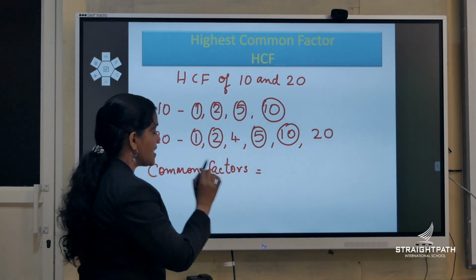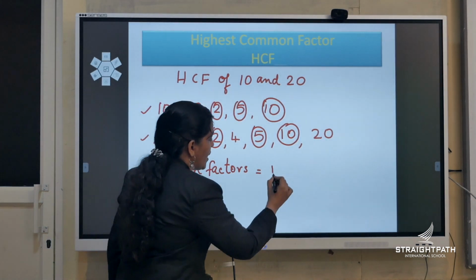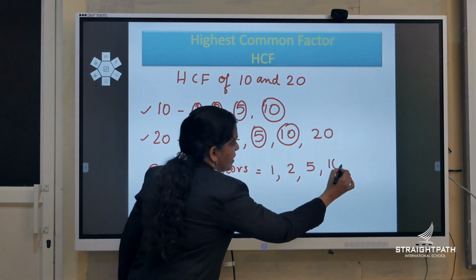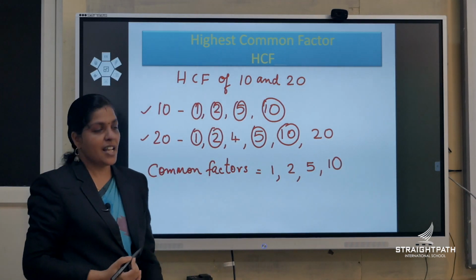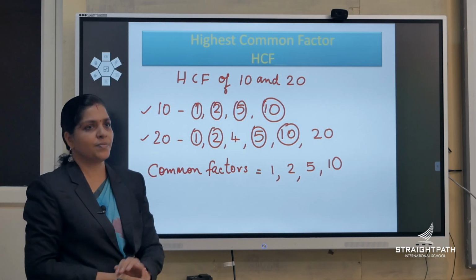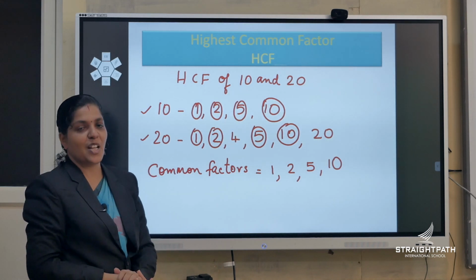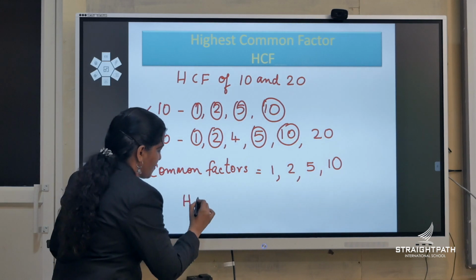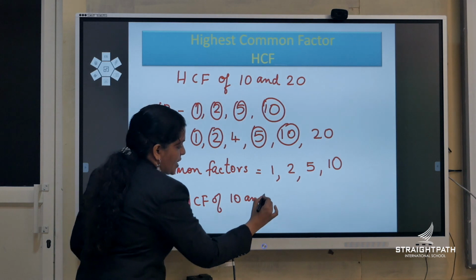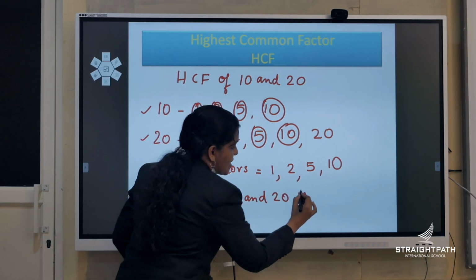So, the common factors are 1, 2, 5, 10. Now, out of these common factors, which is the highest one? Obviously, it is 10. So, the HCF of 10 and 20 is 10.